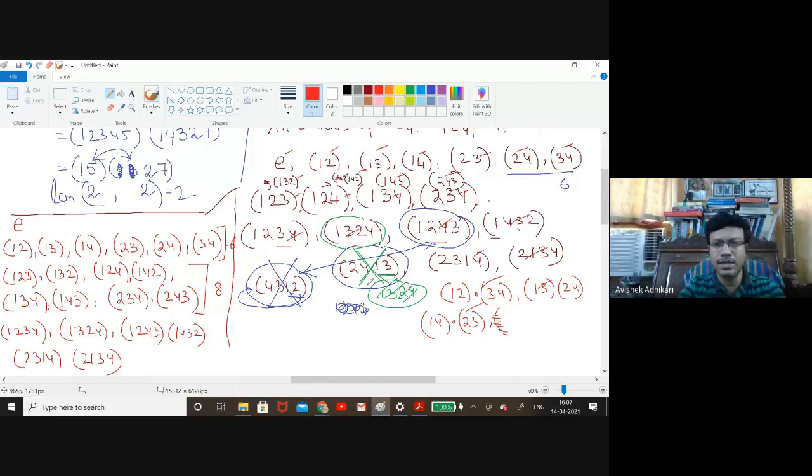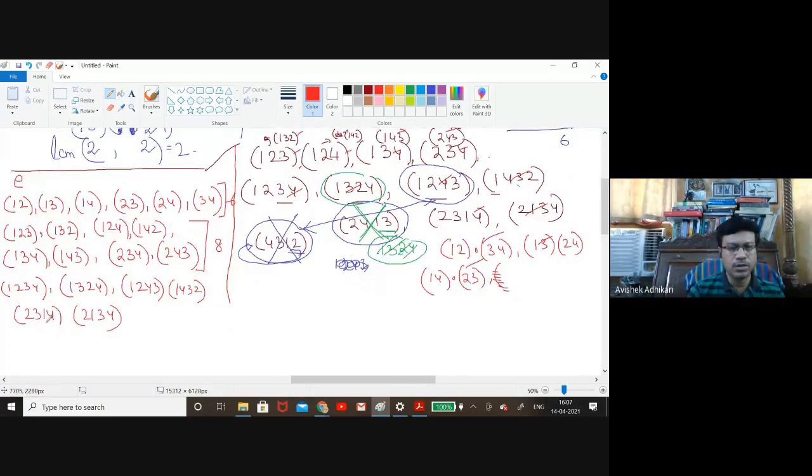If you write it starting from 1, then it is equal to 1 4 2 3. 1 4 3 2 is here, but 2 3 is not here, so you should write it 1 3 4 2, and that is also not here. So you can discard these because these two elements are the same as this element. So altogether we get 6.